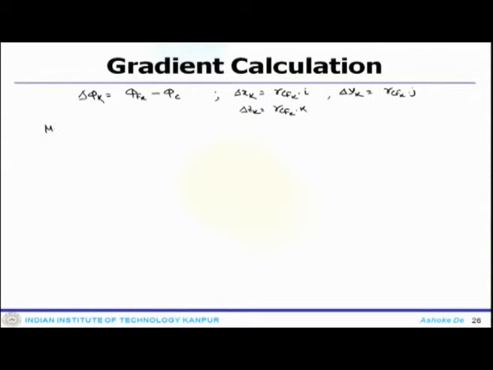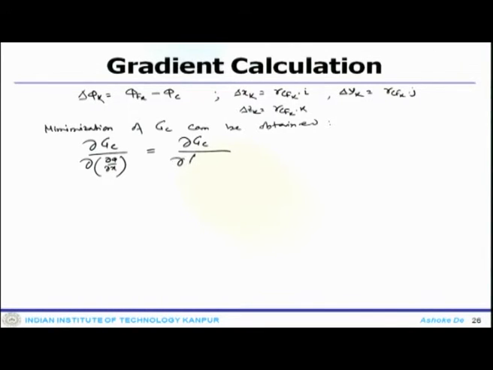Now, the minimization of this function, minimization of GC, can be obtained by enforcing some condition. The condition is that del GC by del phi by del x equals del GC by del phi by del y equals del GC by del phi by del z. These are all 0.